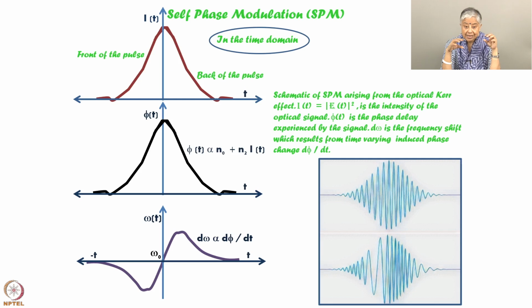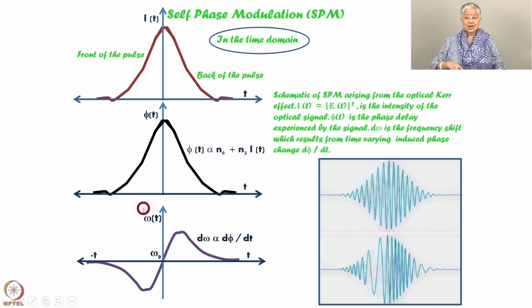Not only in time does the refractive index change because of that intense pulse, but it also gives rise to newer frequencies, or it changes the frequency. You can see it is quite easy here. Phi is changing over this time. Any change in phase over time will give rise to newer frequencies. So d omega, the change in frequency, is proportional to d phi by dt.